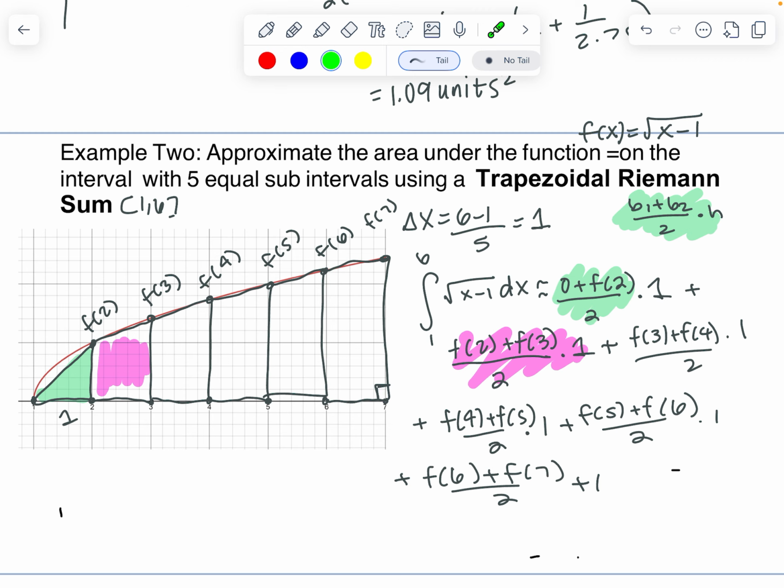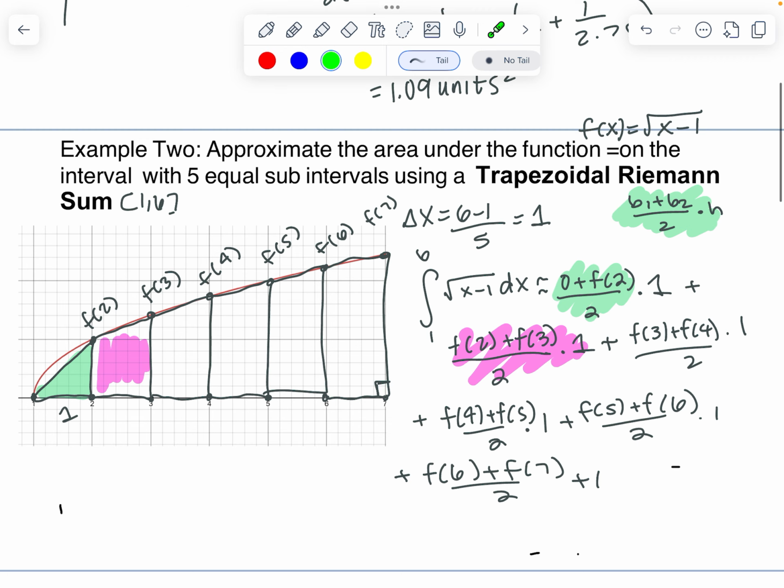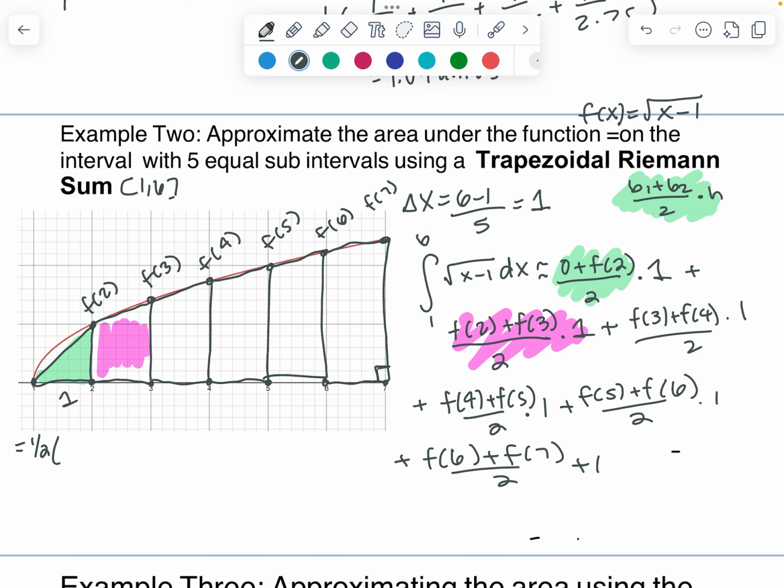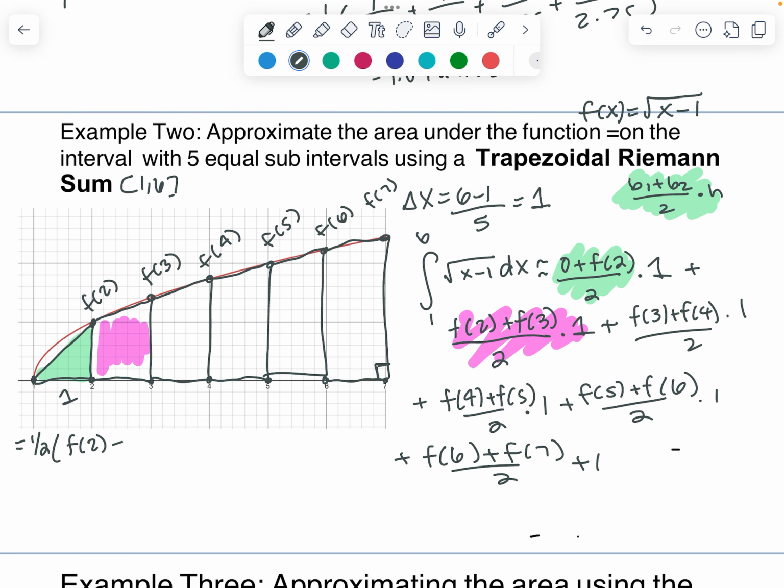So now we're just going to go ahead and simplify. One term that is in all of these 1, 2, 3, 4, 5, 6 is the division by 2 and the multiplication by 1. So as I try to simplify this expression, I am going to factor out a 1/2. And then what would be left in the first expression is just f of 2. I don't have to write 0.